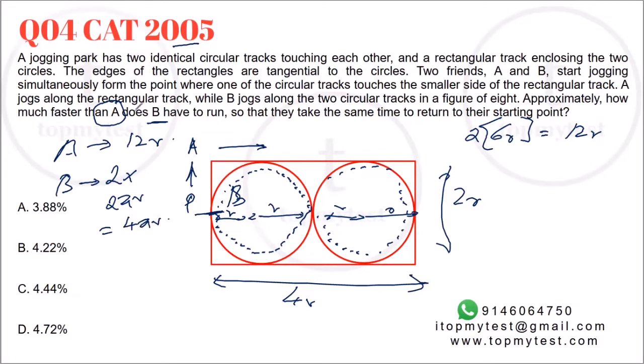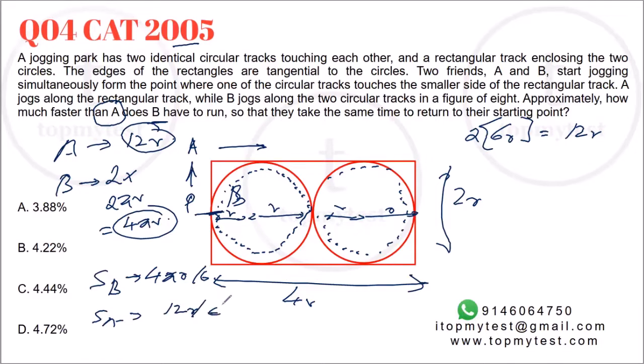Now the question is, how much faster than A does B have to run? The time taken is the same. So speeds will be directly proportional to the distance covered. So speed of B will be 4 pi r divided by t. Speed of A will be 12r by t. How much faster than A does B have to run? That will be 4 pi r minus 12r divided by 12r.